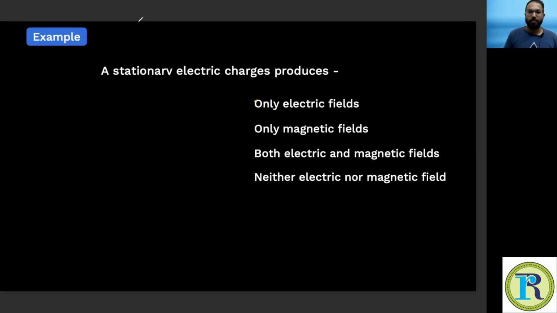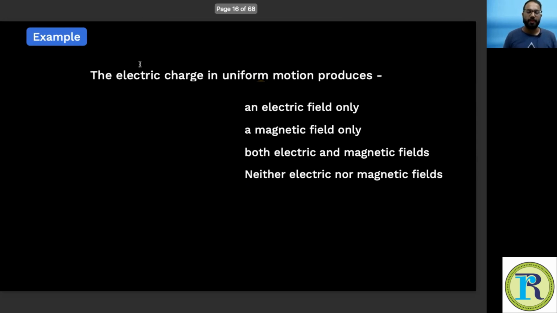Now the second question. When an electric charge is moving with some constant velocity, uniform motion, options A, B, C, and D. I'm giving 5 seconds, because these questions are very basic and based on memory.